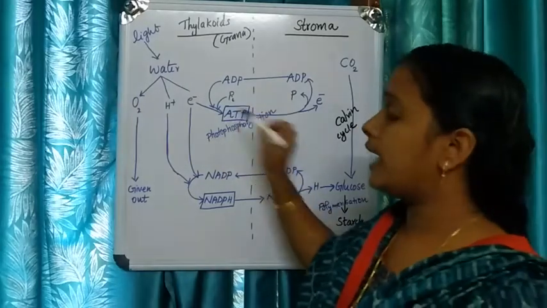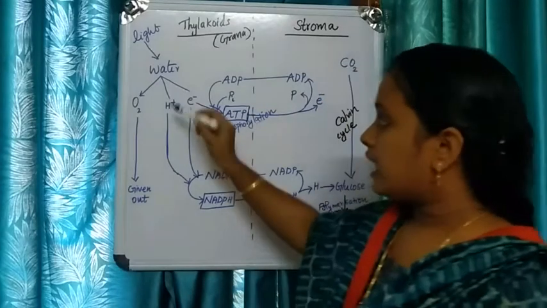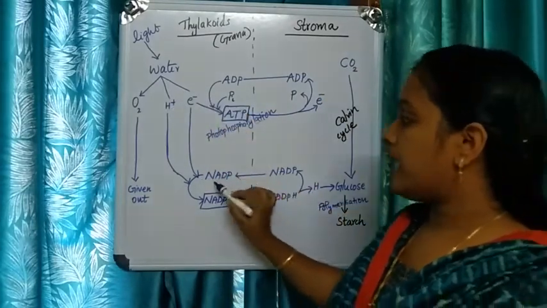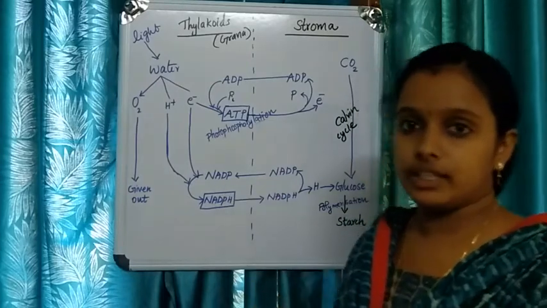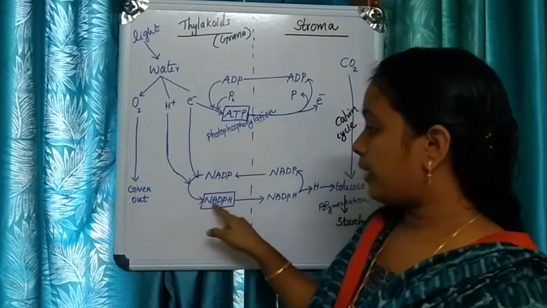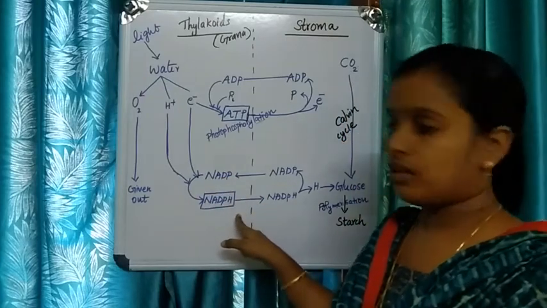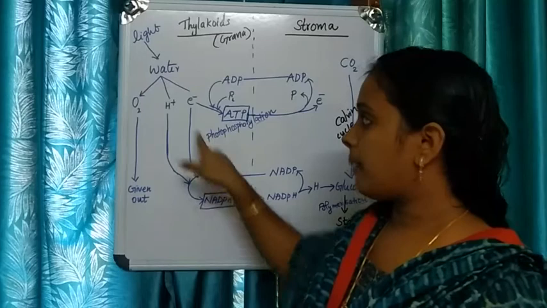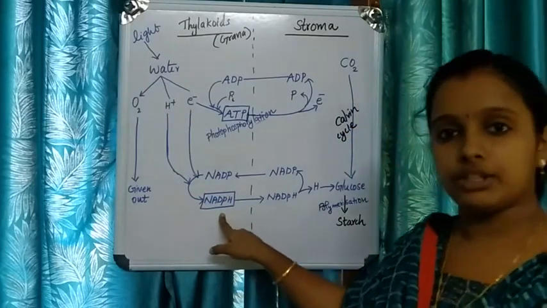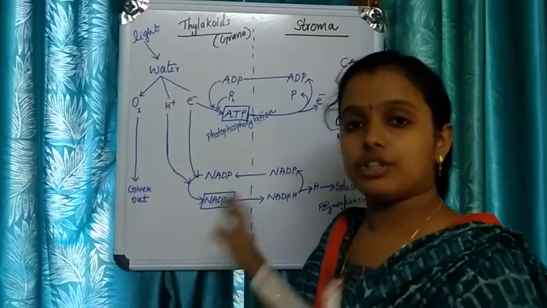Okay, here ATP is produced. Then the remaining hydrogen and electron will join with the NADP, another energy currency molecule, an energy rich molecule, that converts into NADPH. Okay, NADP combines with H plus and electron and produces NADPH, that is also an energy rich molecule.